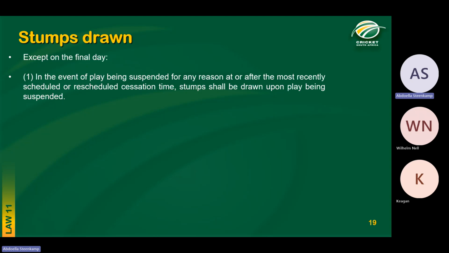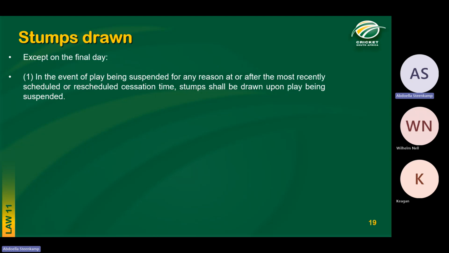So now the playing condition tells us that it will be stumps if play is suspended for any reason at or after the scheduled or rescheduled cessation time. What does that mean? Our cessation time is 17:30. At 17:33, in the 100th over and 1 ball, it starts to rain and players leave the field.